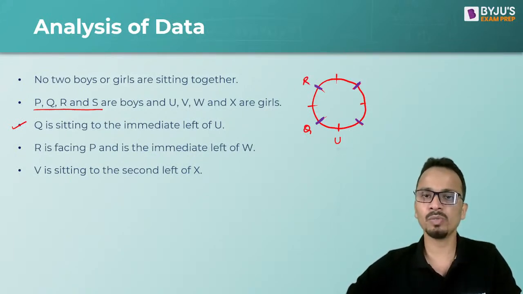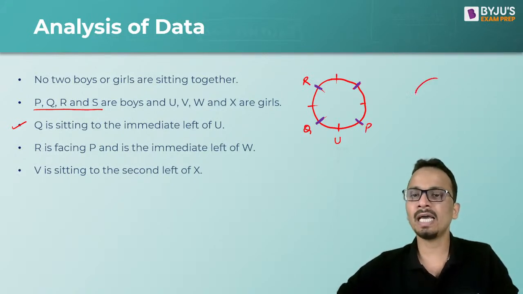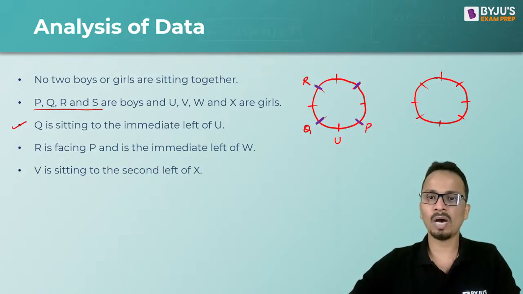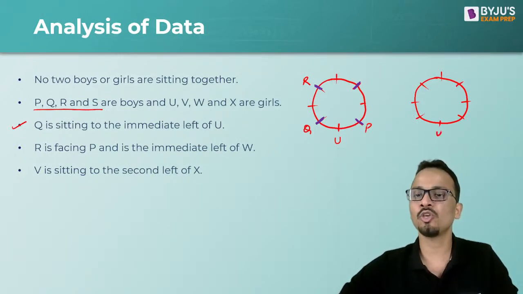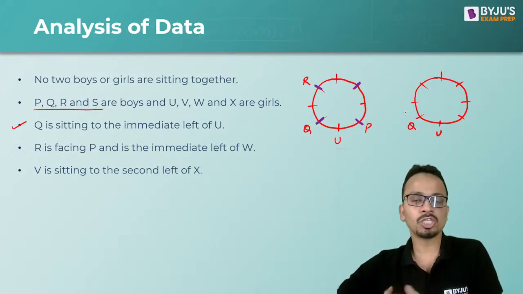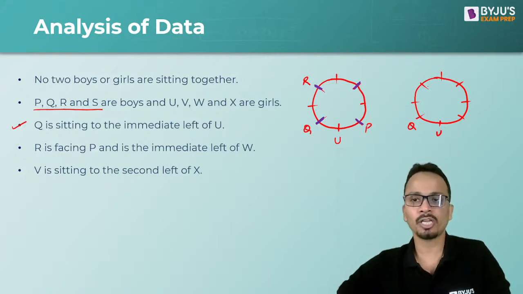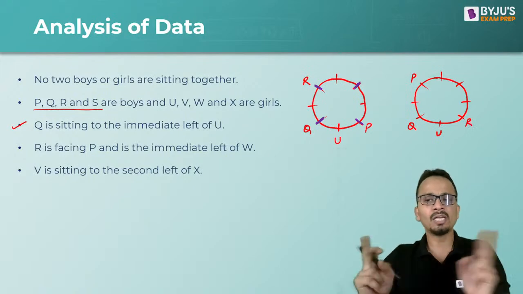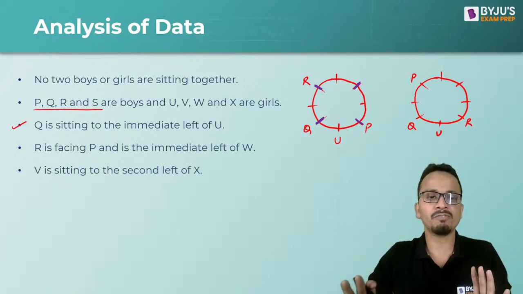So either R will sit here, P will sit here, and I'll make one more arrangement in which R and P interchange their places. So I am making another arrangement, U and Q like this, and R and P, since their position with respect to any other person is not given, can interchange their places. So right now there will be two different cases in front of us.